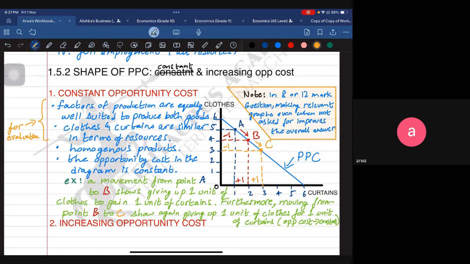One is that you make a relevant graph, right? That is the rules of adding a graph to your answer.